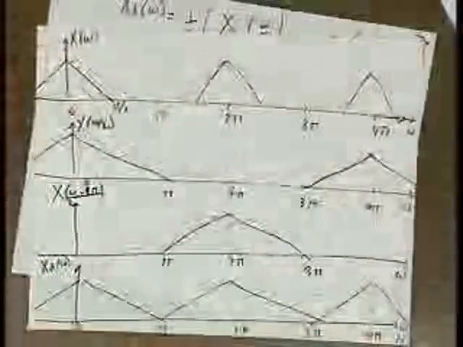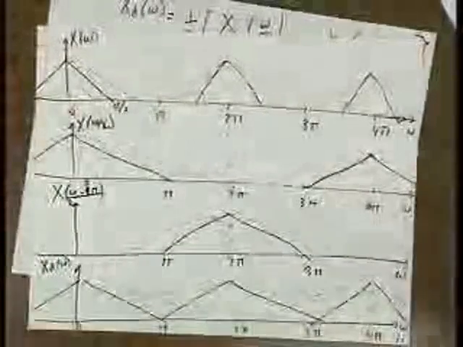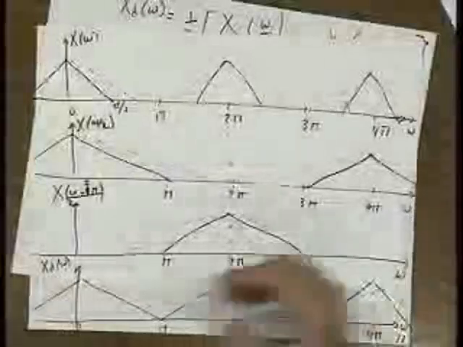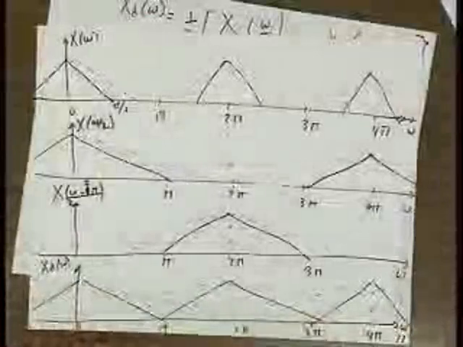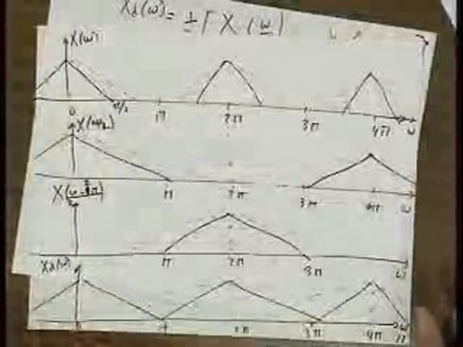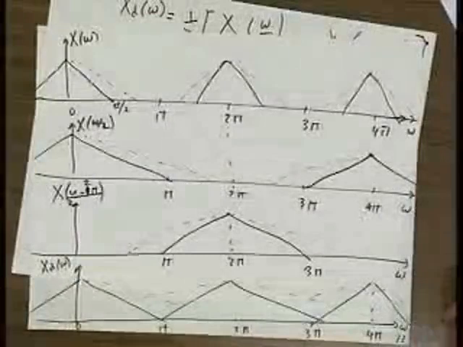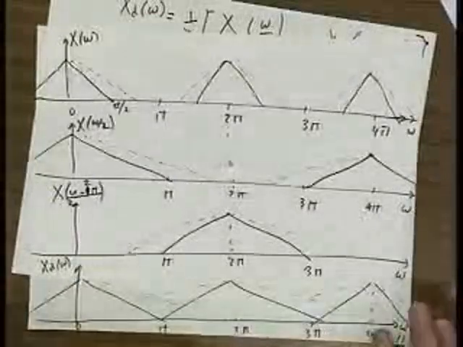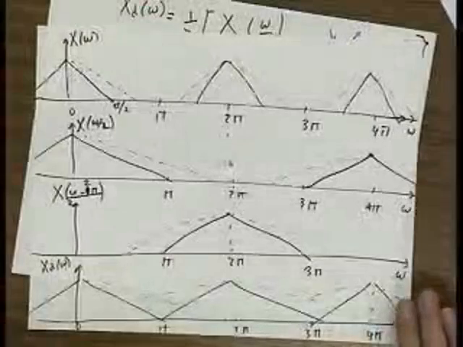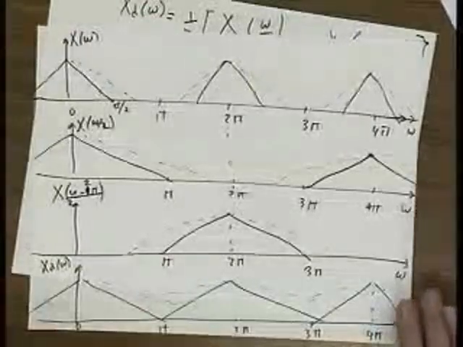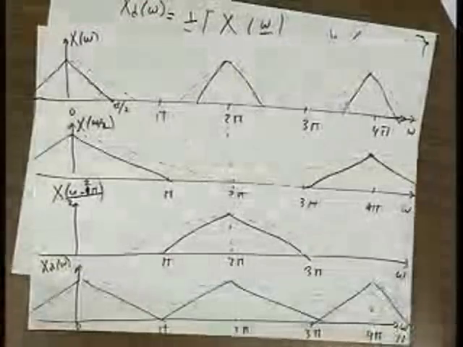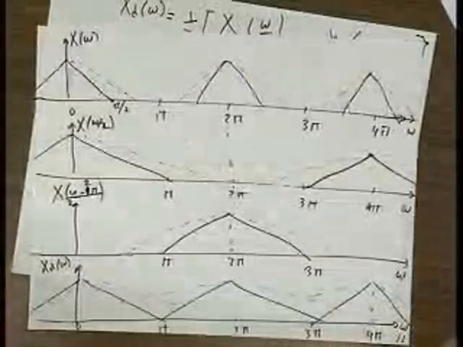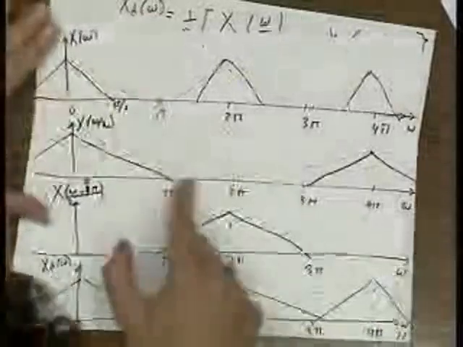So the thing I want you to walk away with is that downsampling, if you're not careful, is a process that could make you lose information. If I start with a song and I downsample it, and the song was critically sampled, not oversampled by anything, downsampling it will make it sound worse. It'll cause aliasing. That's why, before they downsample, people always band limit or low-pass filter the signal to make sure these things don't spill over.